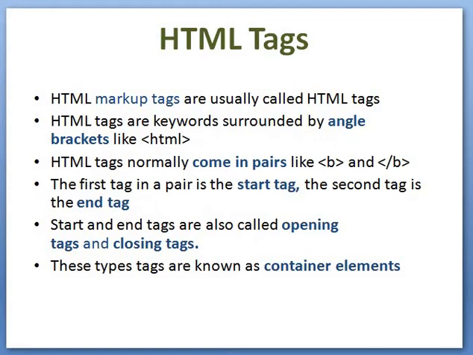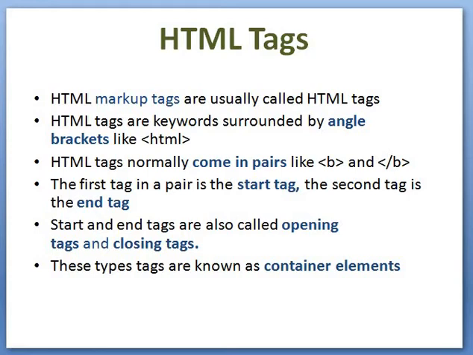HTML tags. HTML markup tags are surrounded by angle brackets, like angle bracket, html, closing angle bracket. Most of the tags come in pairs, like the div tag. An opening tag is there and a closing tag is there.